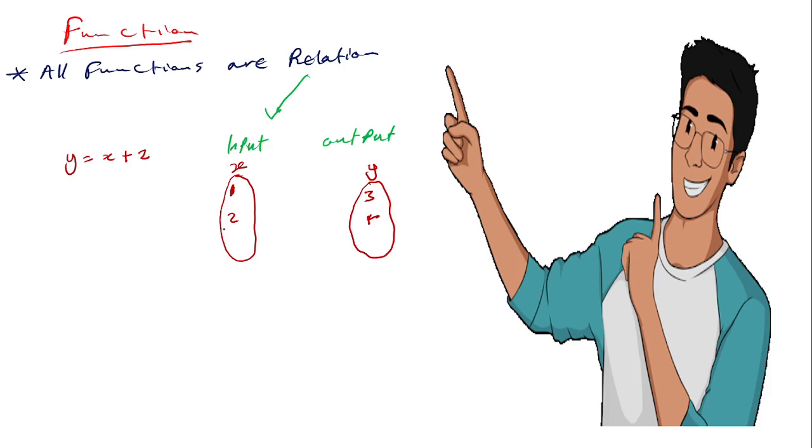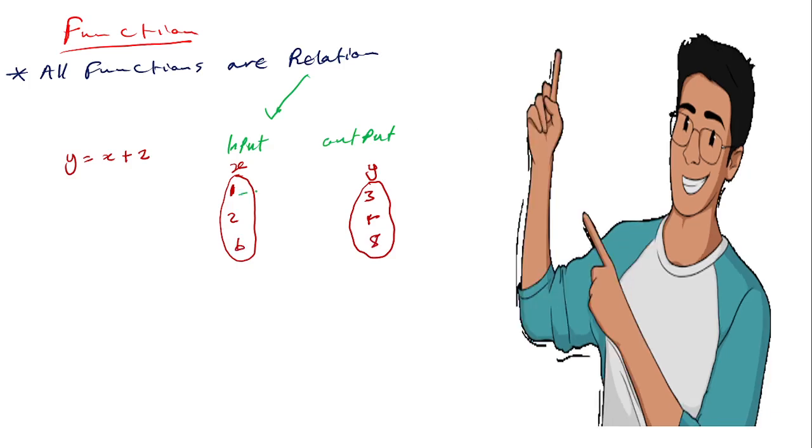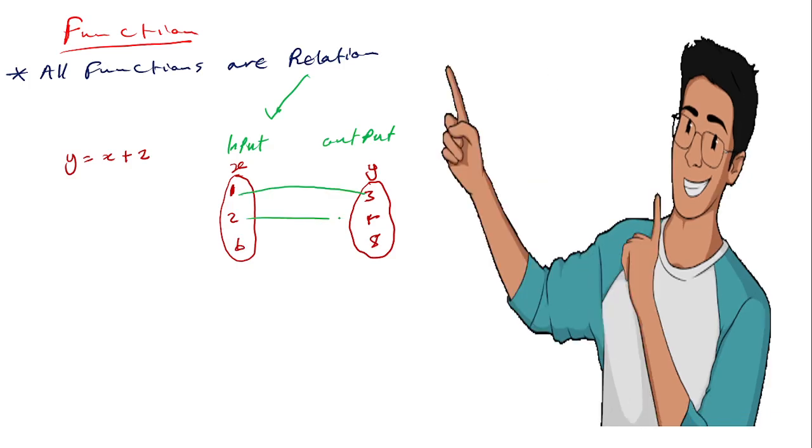If you look at these relations, this one is being mapped onto that one, this one is mapped onto that one, and that one is also mapped onto that one. So this is a relation. It's just showing the relationship between the input and the output.